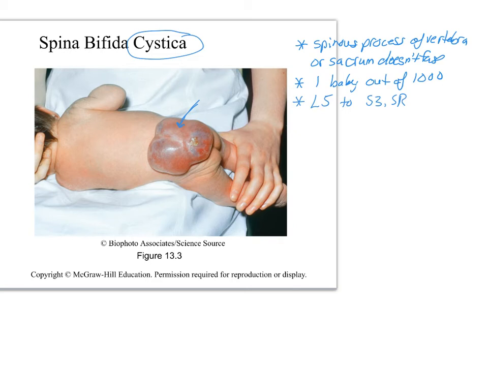Okay, so most of these neural tube defects, whether it's Spina Bifida or the other ones, they seem to have a relationship to folic acid deficiencies. All right, so most women know at this point in their lives that if they are planning on getting pregnant or are pregnant, they are recommended to take a folic acid supplement.